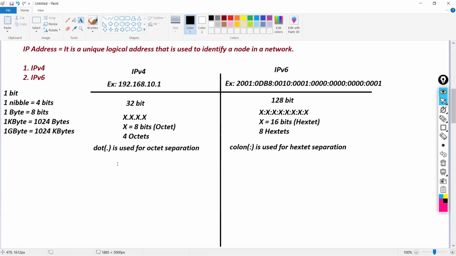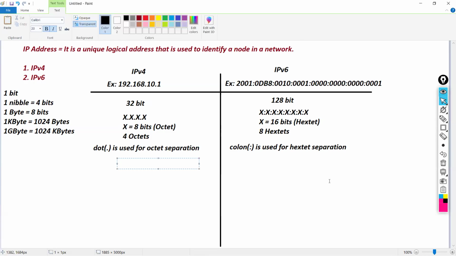Then other than that, you can talk about the number of addresses. The number of addresses in IPv4 is 2 power 32. No need to remember any exact number. You can say 2 power 32 addresses. And same thing, IPv6 is 128 bits, so 2 power 128 addresses.